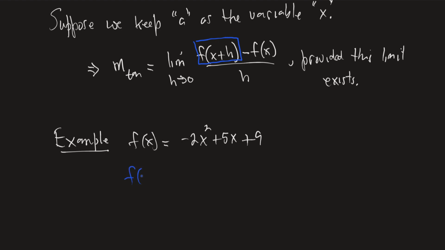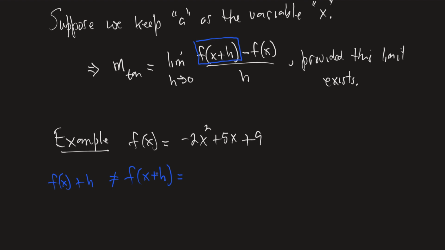So f of x plus h. And again, it's very important that we interpret this expression correctly. What this is saying is replace x with the expression x plus h. This is not equal to f of x and then add the h after.